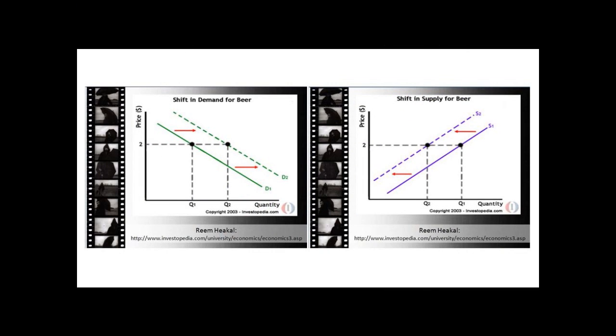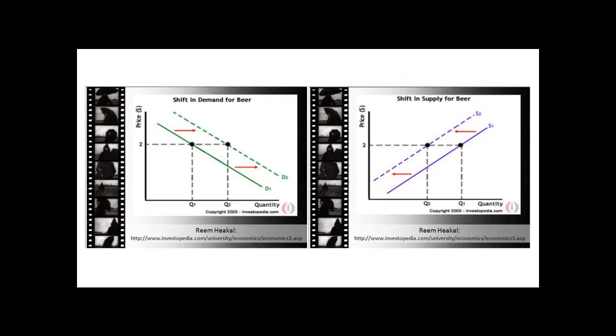Conversely, if the price for a bottle of beer was $2 and the quantity supplied decreased from Q1 to Q2, then there would be a shift in the supply of beer. Like the shift in the demand curve, a shift in the supply curve implies that the original supply relationship has changed, meaning that the quantity supplied is affected by a factor other than price.